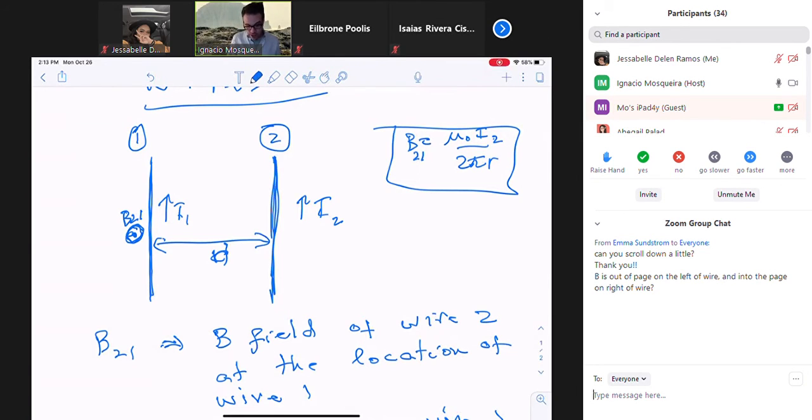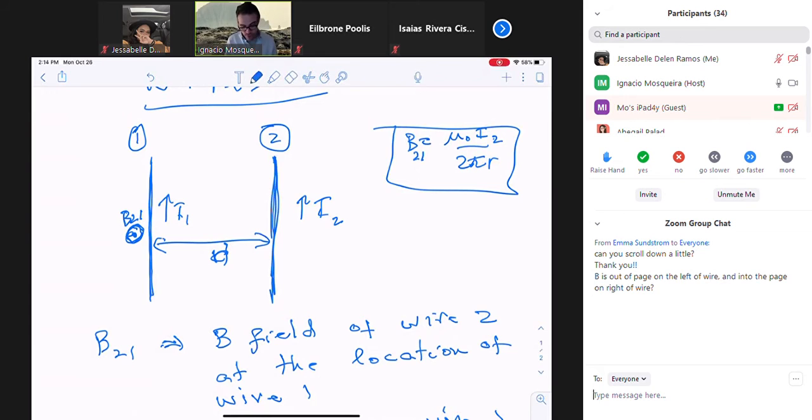Now I already know the direction of the B field at the location of wire 1. Now I want to calculate the force on wire 1. To do that, I don't need wire 2 anymore. I'm done with wire 2. I now know the field, so why do I care? The only thing I care about is the distance, so let me leave it there.